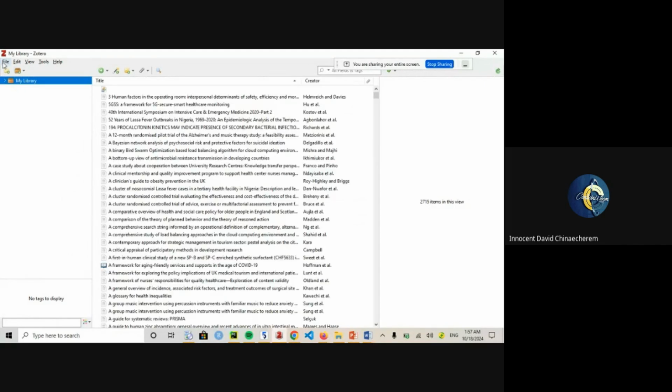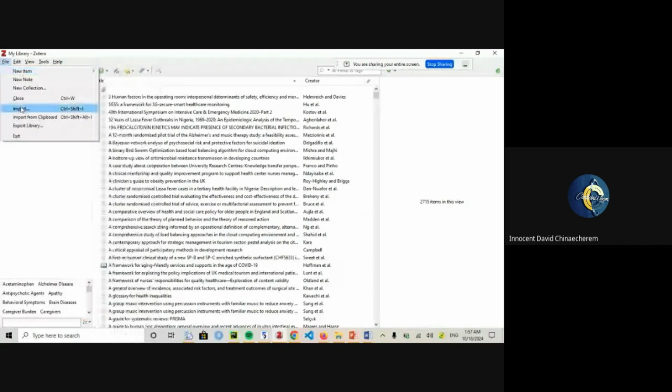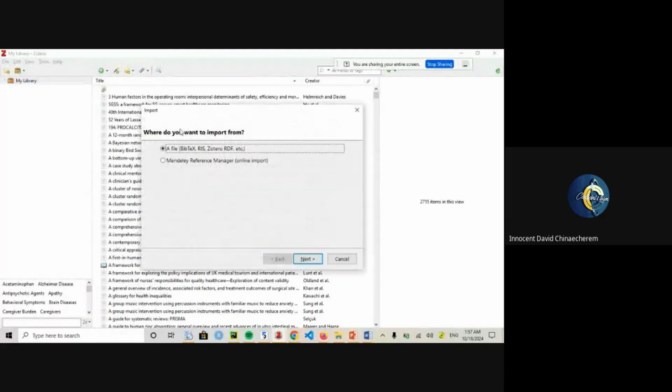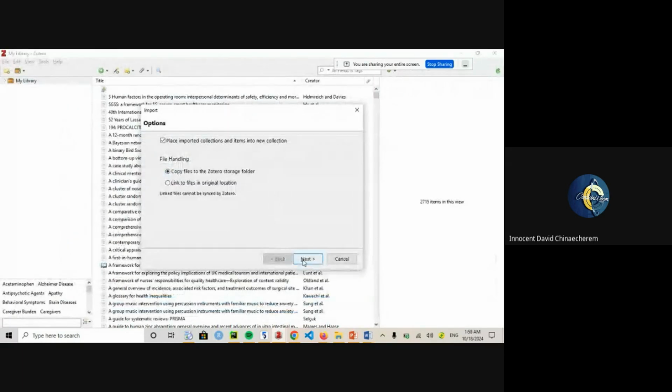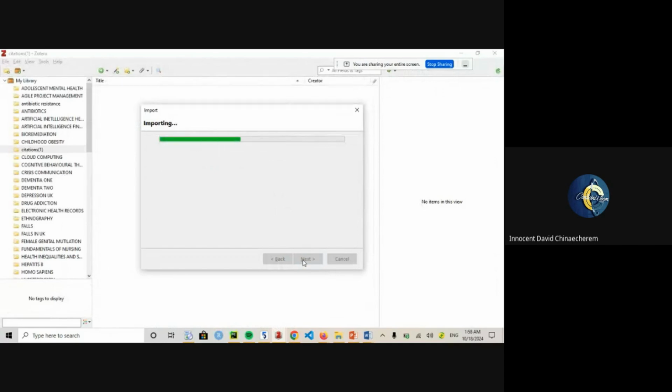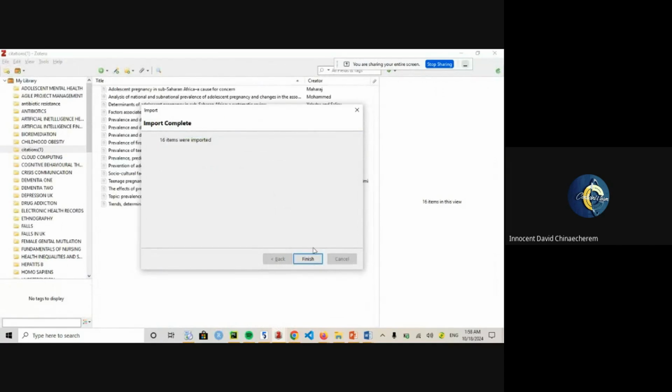So what do you do next? You come to Zotero, you click on file, you click on import. Now, if you've got this, you click on next. If you're importing from Google Scholar, you come to downloads, and this is it. Whichever one, maybe we'll start with this, we just download this. So click on next, and it's imported.